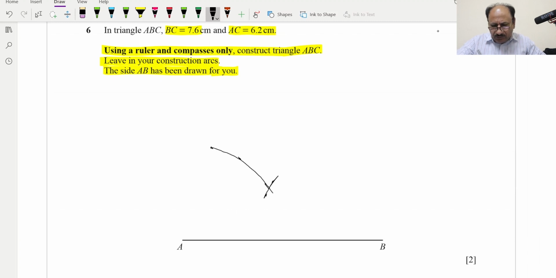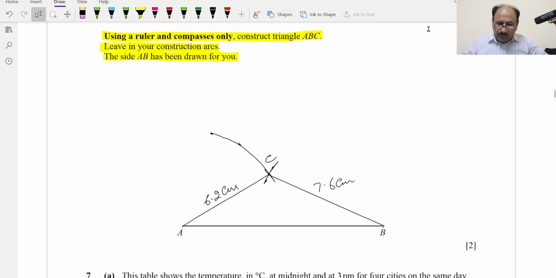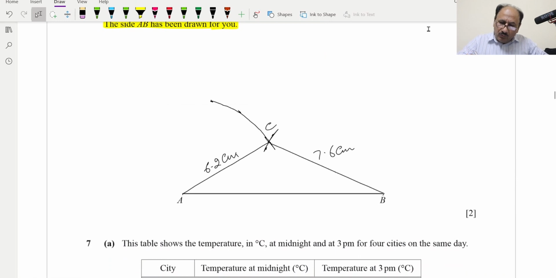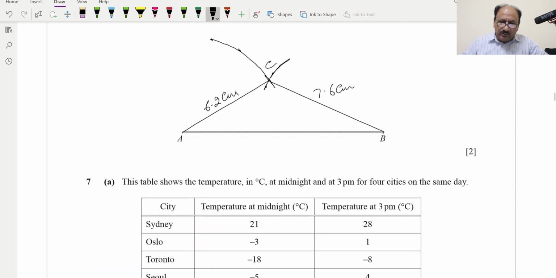So if I extend this arc, this is the point which we got, and we can join these 2 points, and this will be 6.2 centimeters, and this point will be C. We can join the other side also with this one, and this will be 7.6 centimeters. So this is the required triangle which we have drawn. It's a 2-mark question, and these arcs we will have to keep, and we cannot remove these arcs.